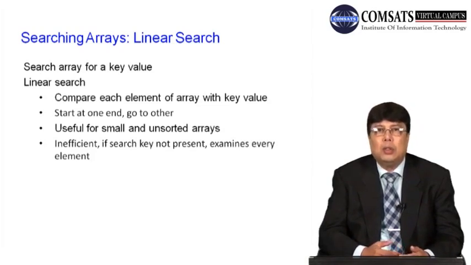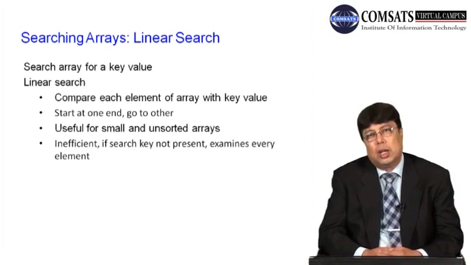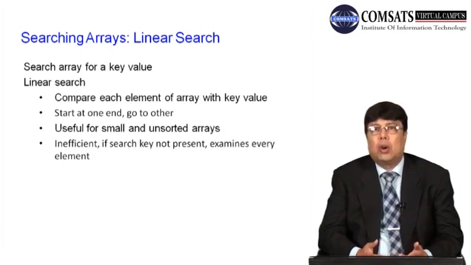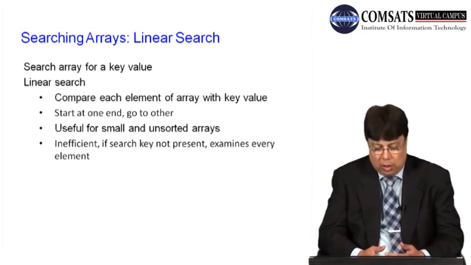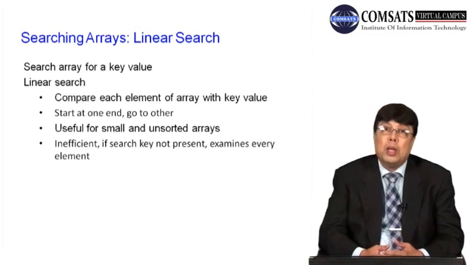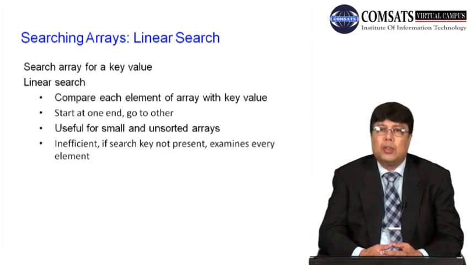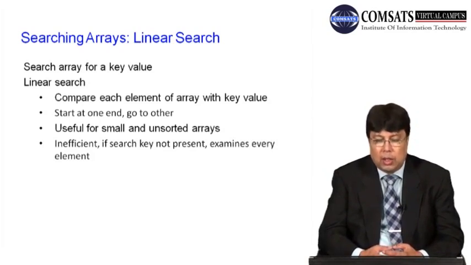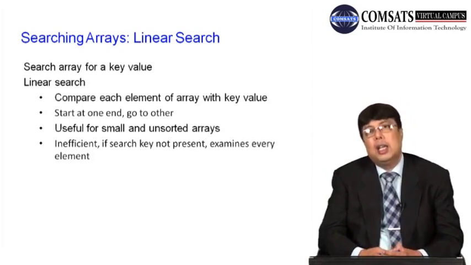But if you have a long array, it is usually performed on the unsorted data structure, unsorted array. So it becomes inefficient if the size of the array is very large and if the key is not present. What does it mean?